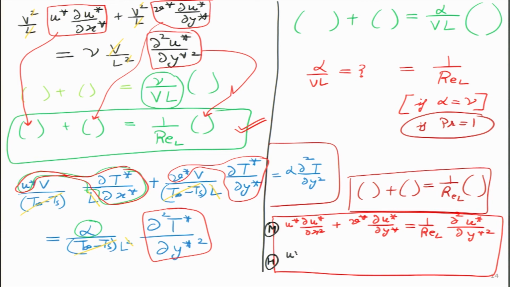It will become u star del T star by del x star, I think this is not square, it is star, plus V star del T star by del y star equals 1 by REL del square T star divided by del y star square.